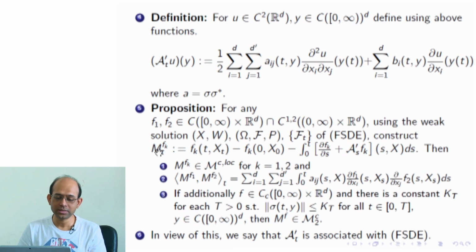But the reverse statement is that if I just take the coefficients of FSD and cook up this operator, and ask for which process X the resulting thing would be a local martingale no matter what f I choose. That is the reverse statement.